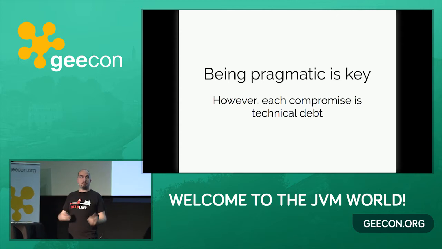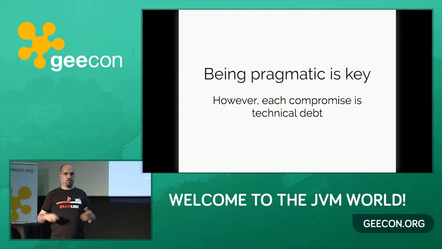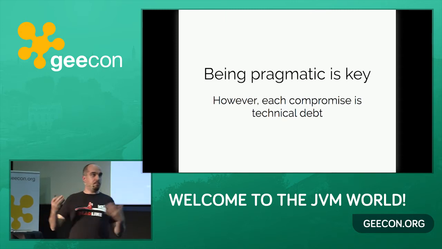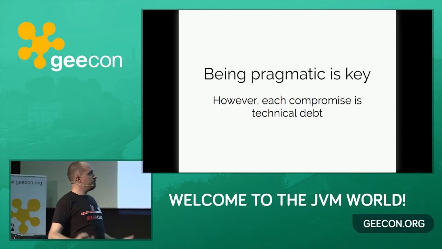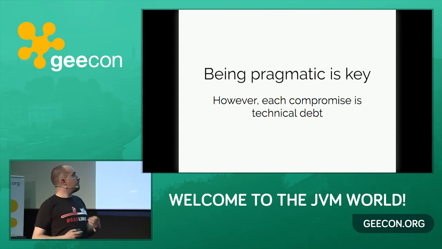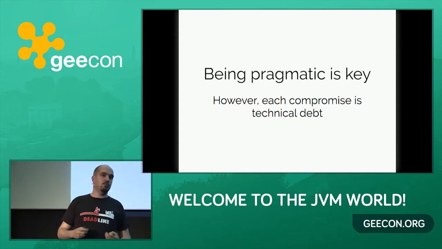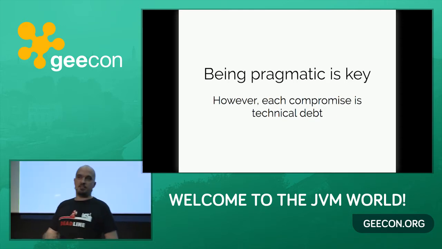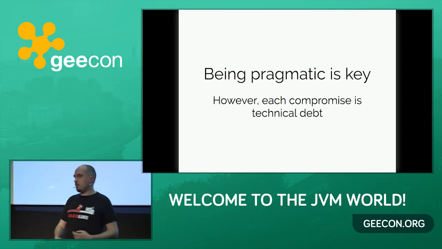But being pragmatic is key. You're saying, okay, but I have to build a lot of data structures to map between all those. That's true. And you can omit some, but you have to realize that every compromise that you introduce in such a system is a technical debt. And at some point, that debt can be collected.